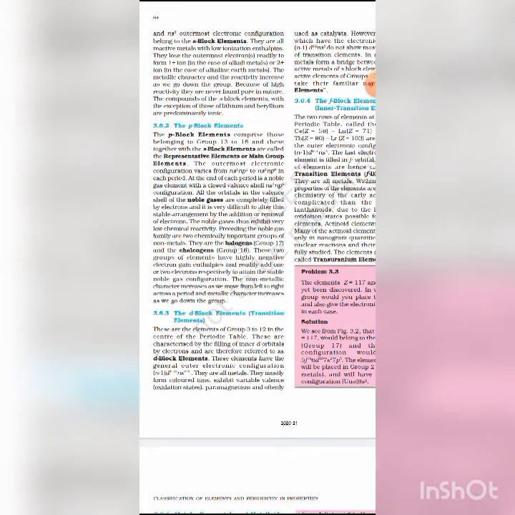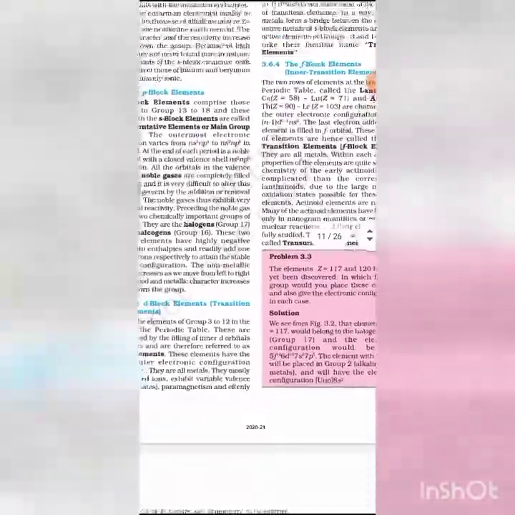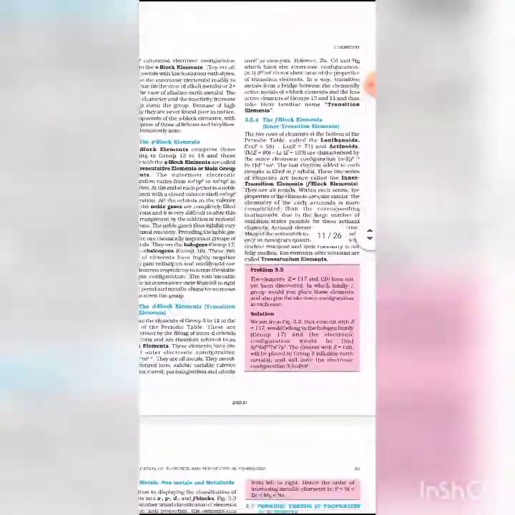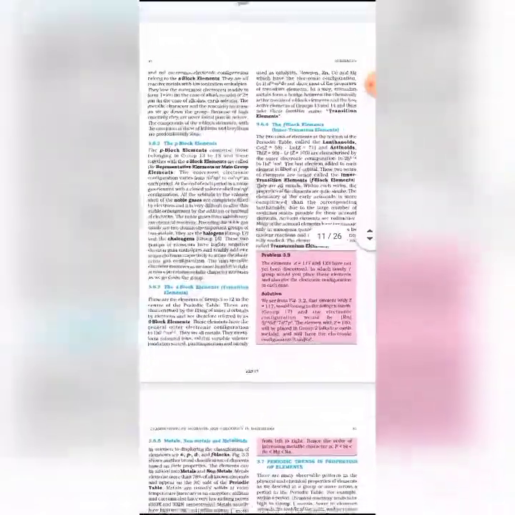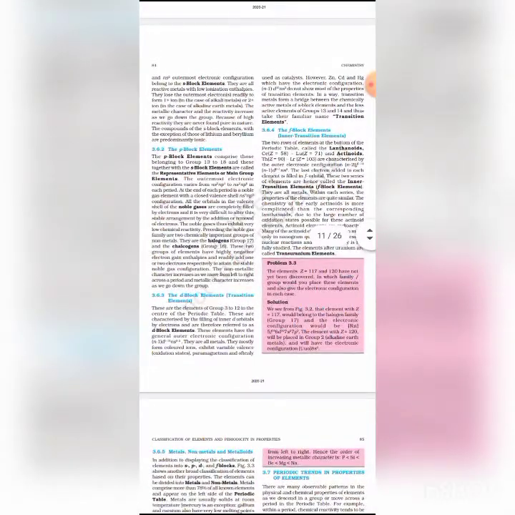Student, now we discuss d block elements. D block elements are called transition elements. They consist of group 3 to group 12 in the center of the periodic table, and their general electronic configuration is (n-1)d1 to 10 ns1 to 2.